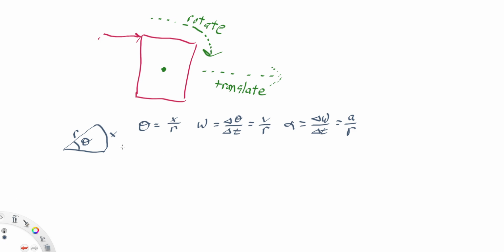And this definition let us do things like write our kinematic equations in rotational coordinates. So we could write theta equals theta naught plus omega naught t plus 1/2 alpha t squared. And this is equivalent to the first kinematic equation that we've been using this whole time.